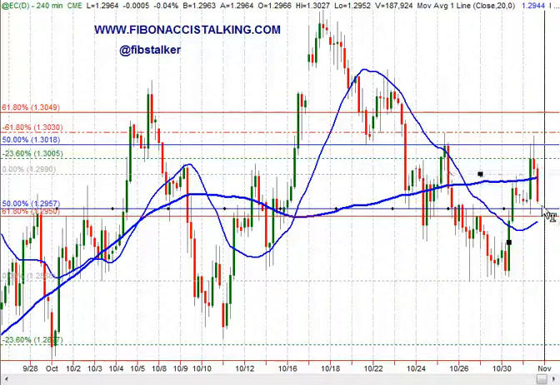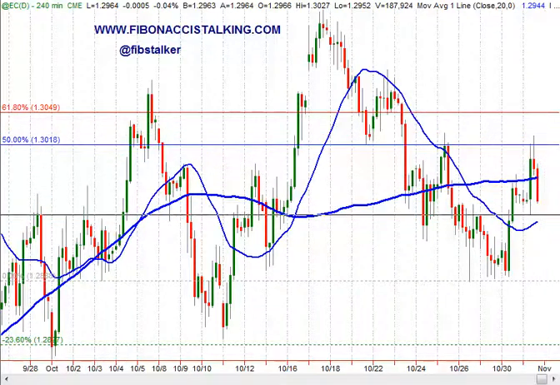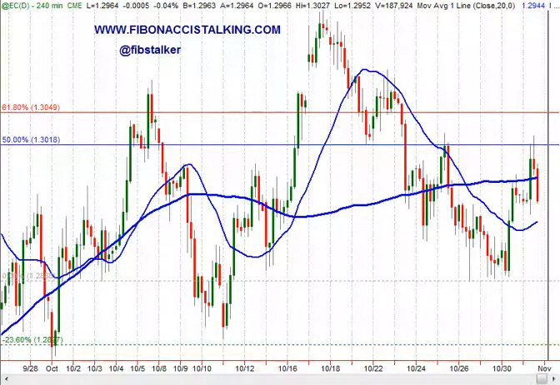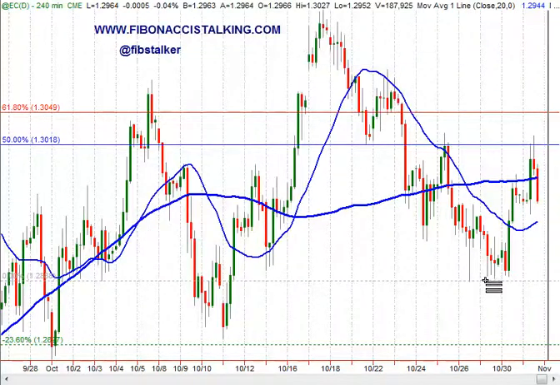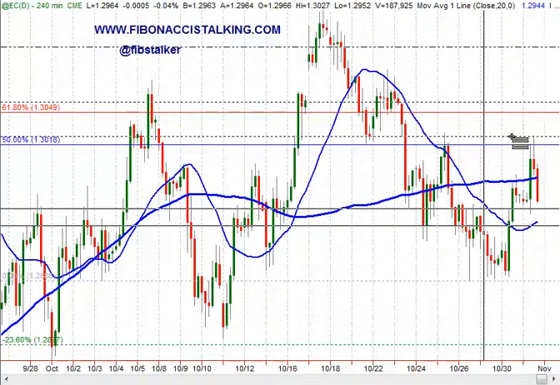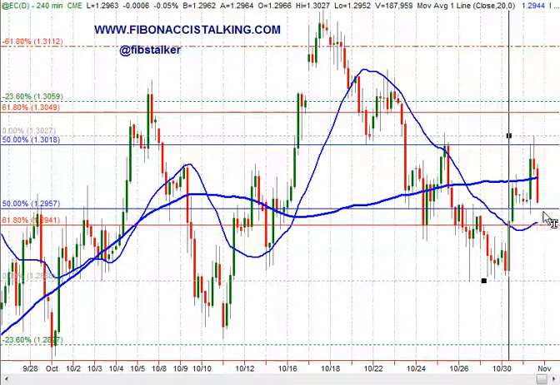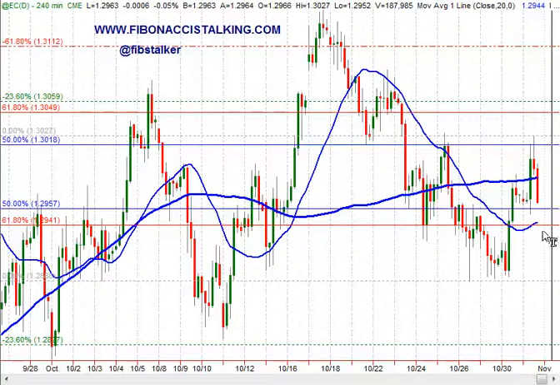Now we need to see whether euro price will diverge from the US indexes, and if that's the case, we should see support today or tomorrow in the 129.60. That's the last test we are going to give to price, because if 129.40 will be broken on the downside, then the short setup here will be valid.